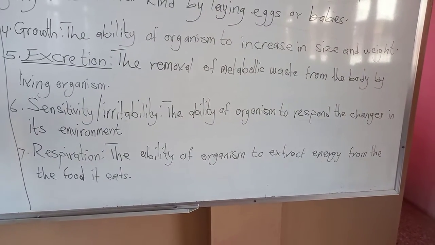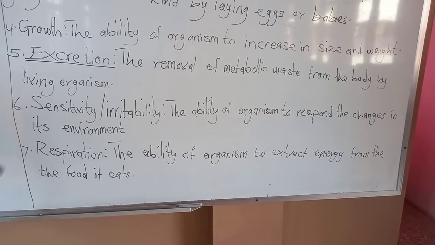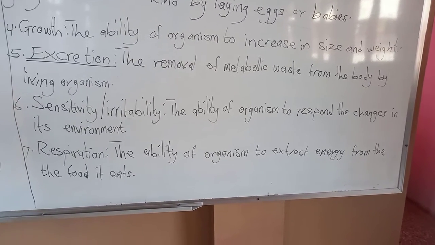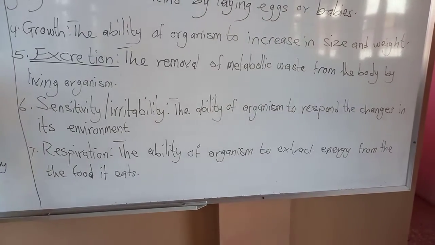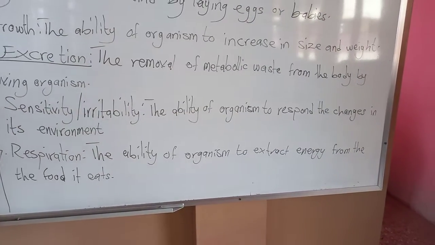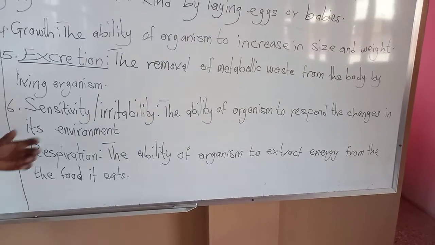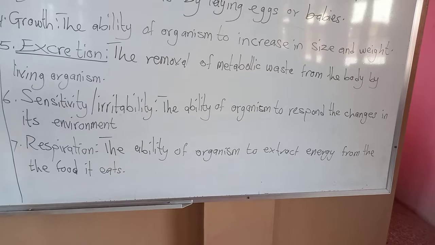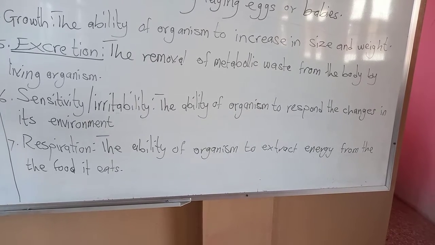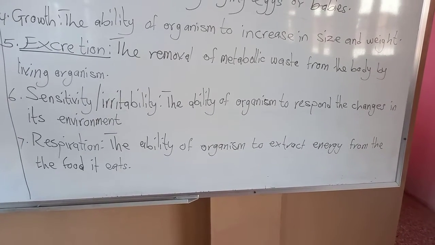That is what we call metabolic waste. So excretion is the removal of metabolic waste from the body by living organisms. When we talk of waste, they are poisonous to the body. When they are in the body, they make the body sick, or make us not feel well.